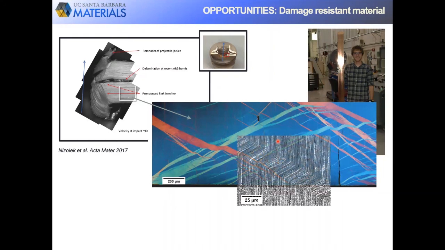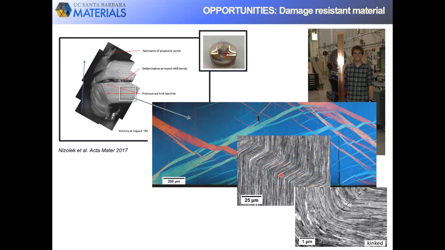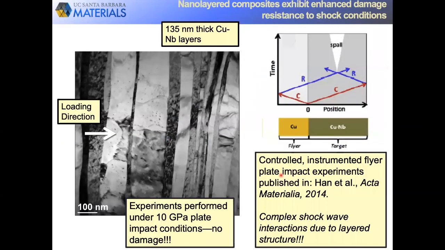But when looking within these kink bands, we find that at the kink band boundaries and also within the kink bands themselves, the interfaces and the layers remain intact, so failure and cracking do not occur there.